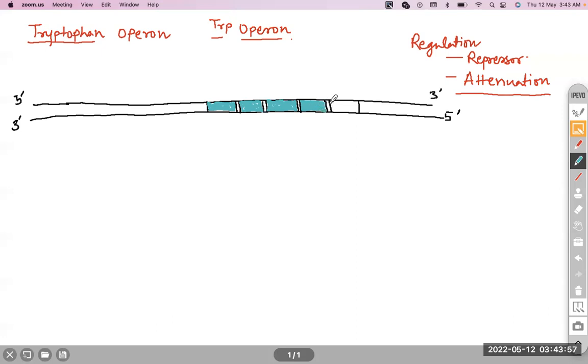Okay, और साथ ही साथ एक प्रमोटर रीजन है where RNA polymerase binds, and an operator region also, where the repressor protein binds.